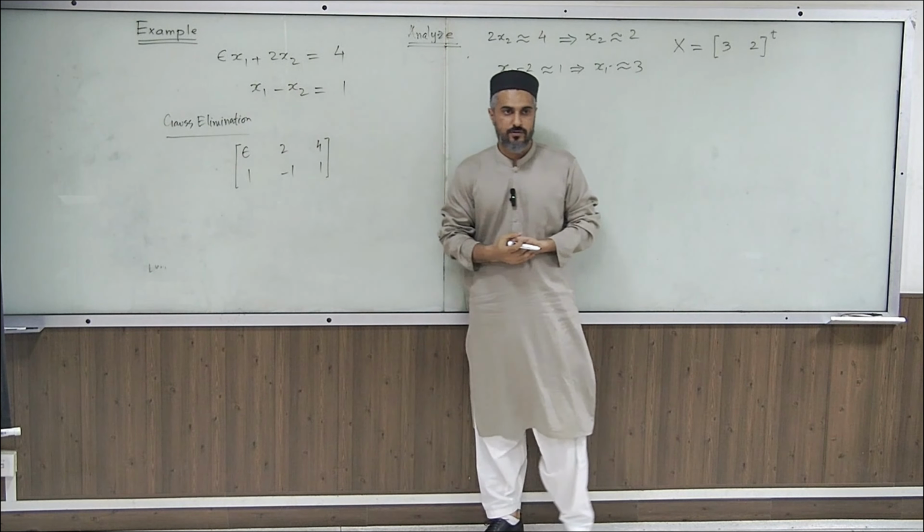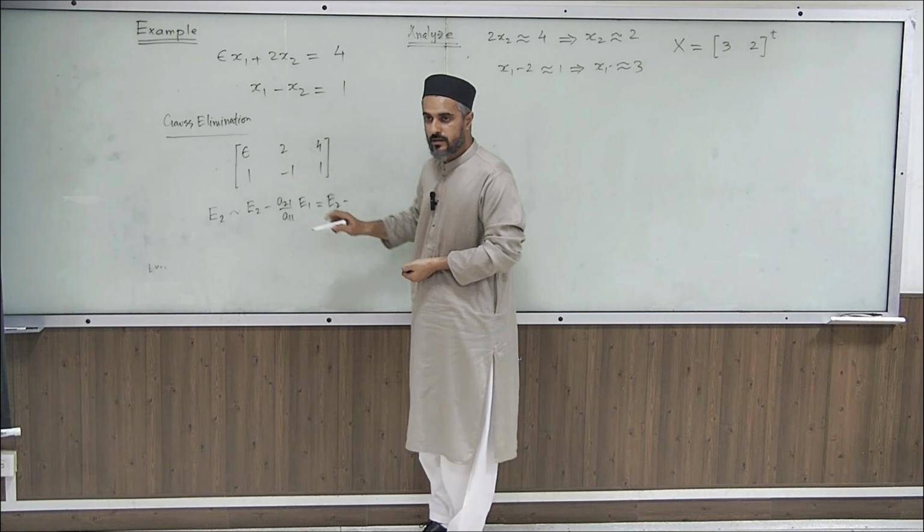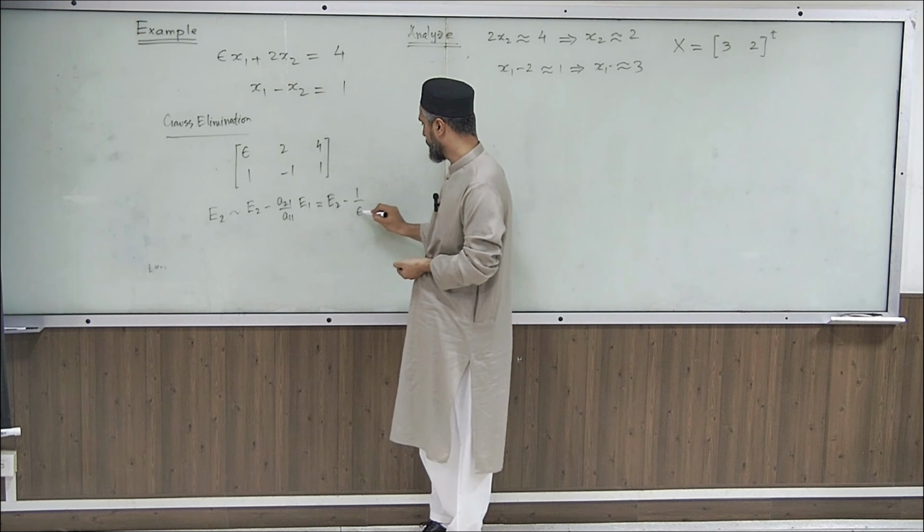The changes are going to occur in equation number 2. It will be E2 minus (A21 over A11) times equation 1. A21 is 1, and A11 is epsilon, so we have 1 over epsilon times equation 1.